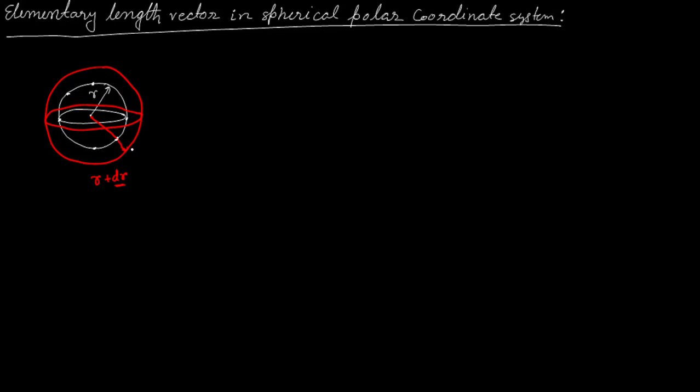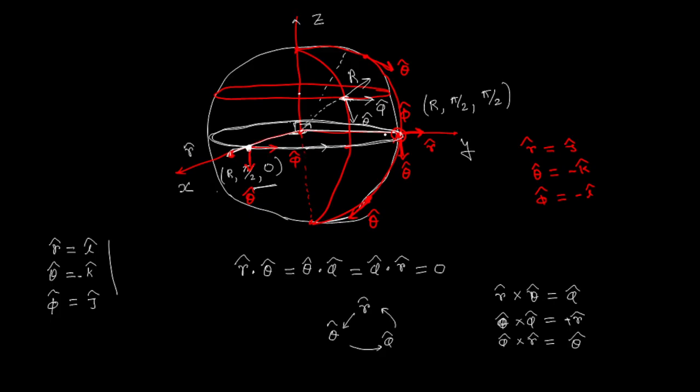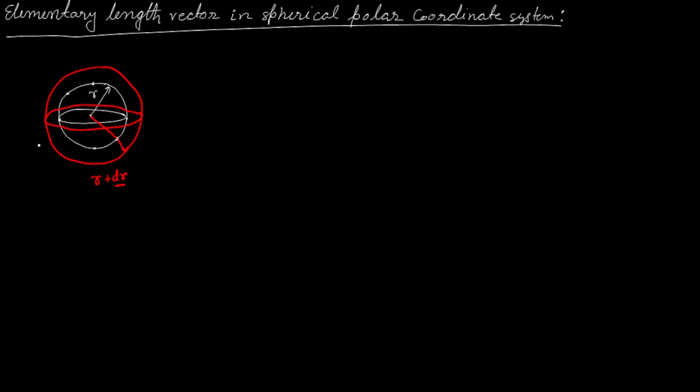R cap means radial outward, that we have already noticed here. R cap will always be radially outward. So if you want to go from the inner sphere to the outer sphere along the r cap, you have to go along this path. So what will be this length? This will be dr.